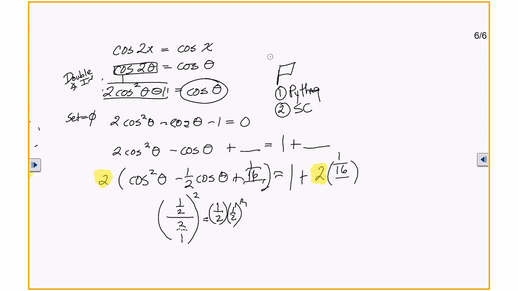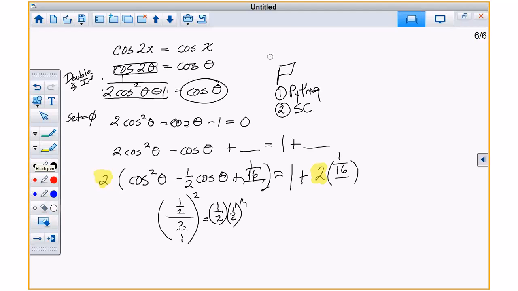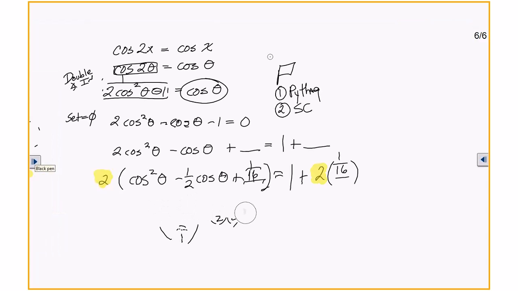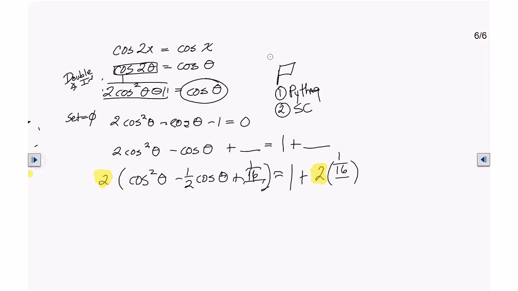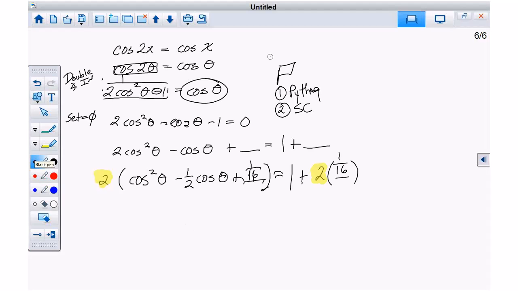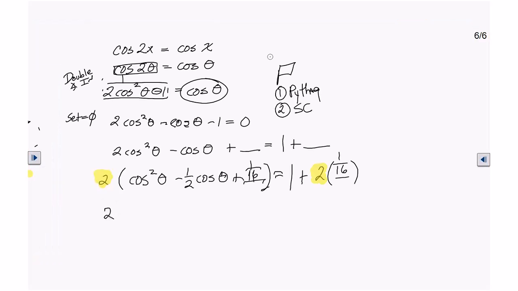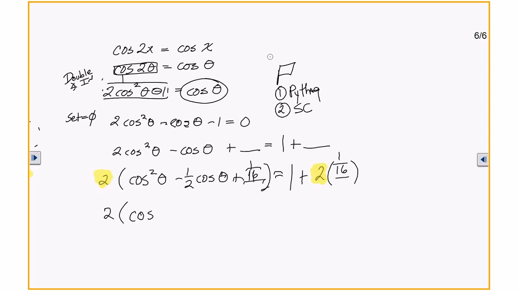And now that's going to give us 2 times cosine theta minus 1/4 quantity squared equals, well, that'll take that out to 8. And 8/8 plus 1/8 is what? 9/8.